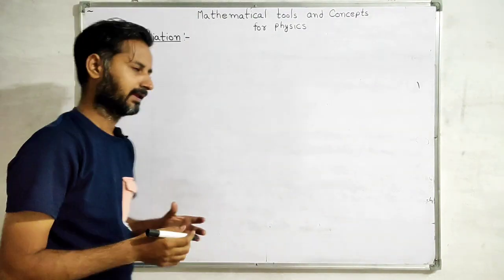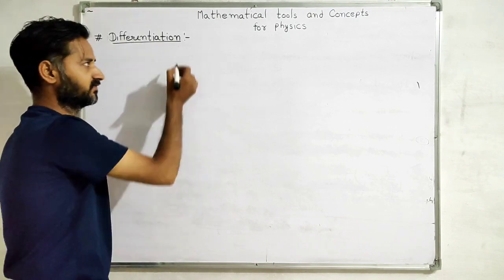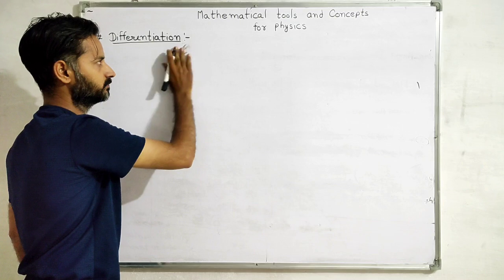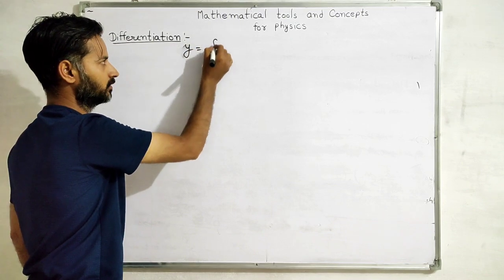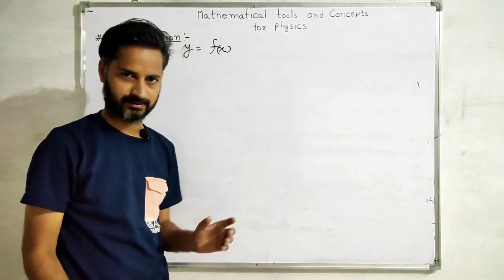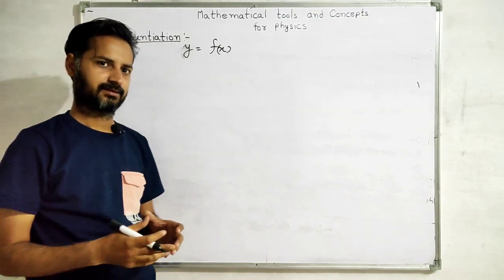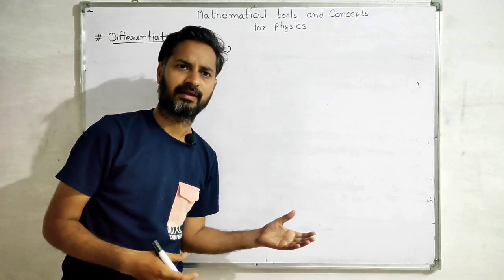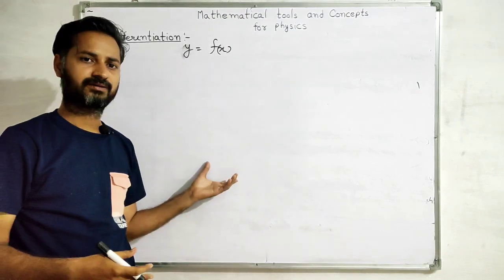Let us have a function y is equal to f of x. Y is a function of x. In this case, this function can be anything, like we have said earlier.